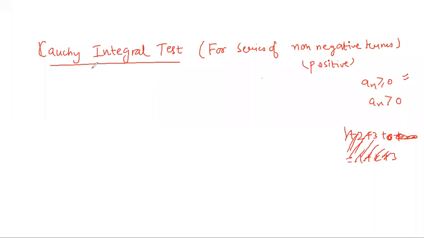Let me tell you the statement of this again. What was the statement of this test? First, it is applicable to series of non-negative terms. The conditions, writing it very briefly, are: the general term of the series a_n, you compare it with some function f(n).